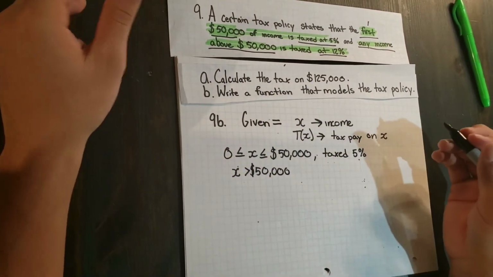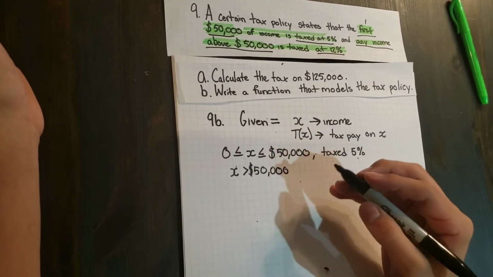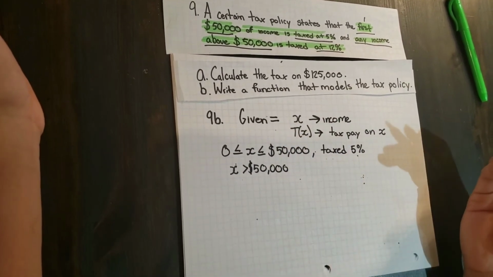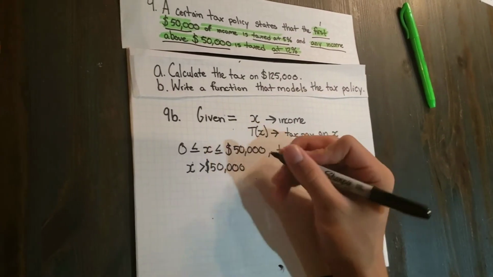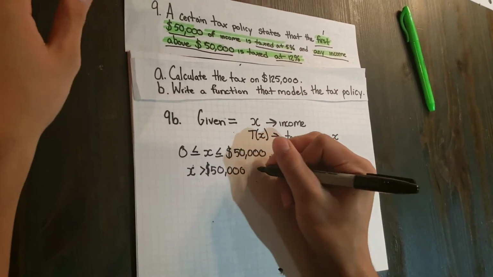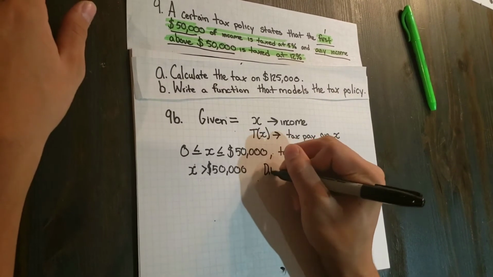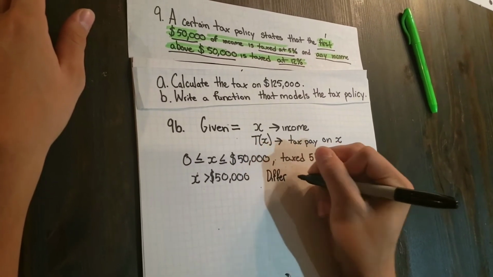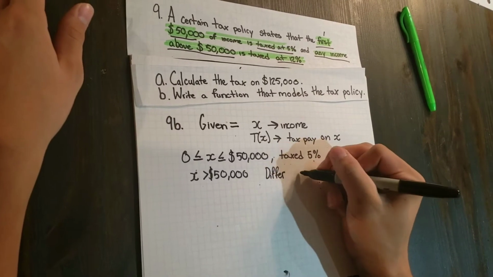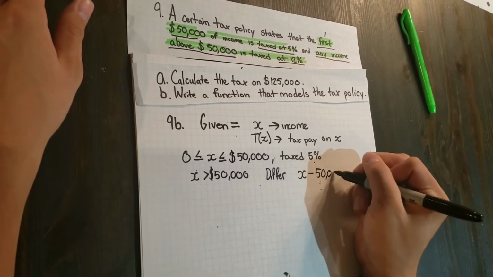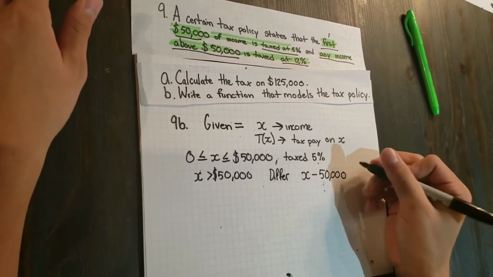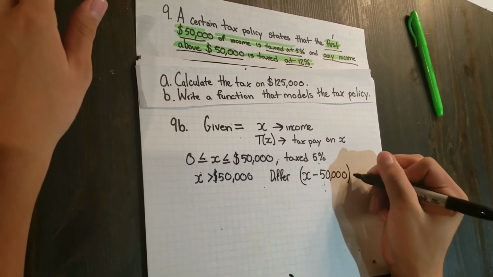But for this one, we're going to need a certain equation. For example, if you made $90,000, how would you tell the difference when being taxed? So what we're going to do is have a difference. The first statement, where we have x as our income minus 50,000, because it's on top of that, multiplied by 12%.